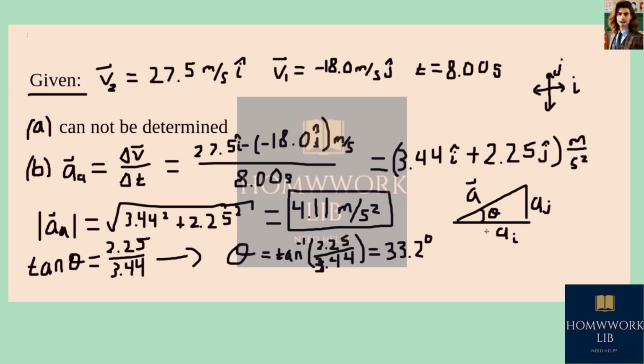And that is in the J hat direction relative to the I hat direction. J hat represents north and south, so it's in the positive J hat direction, the north direction, relative to the I hat direction, which is east. So this is north of east. I'll write N for north and E for east, north of east. Box that in as our direction.